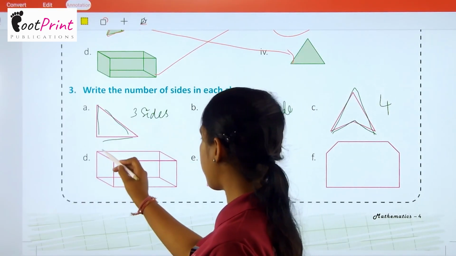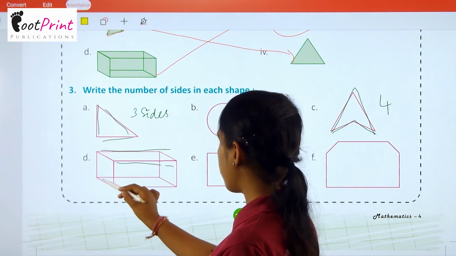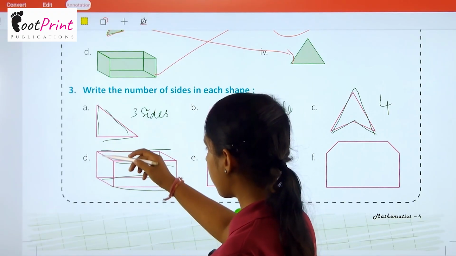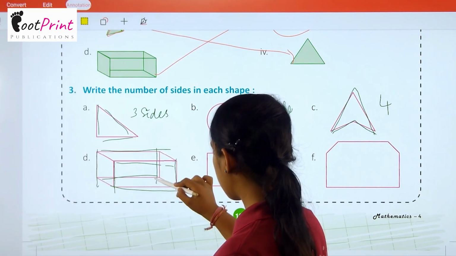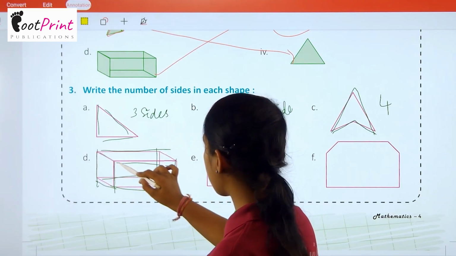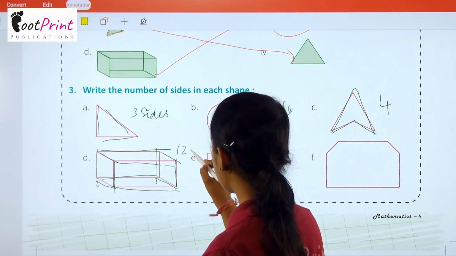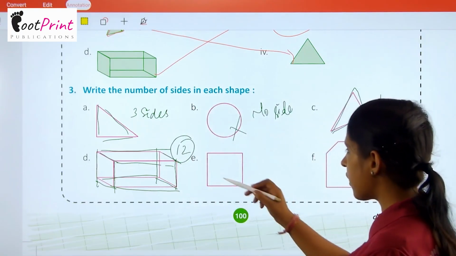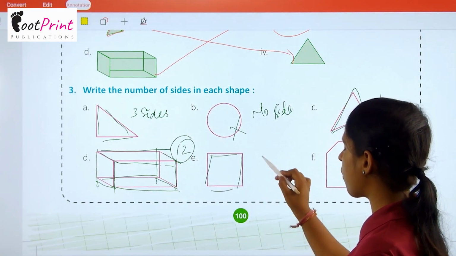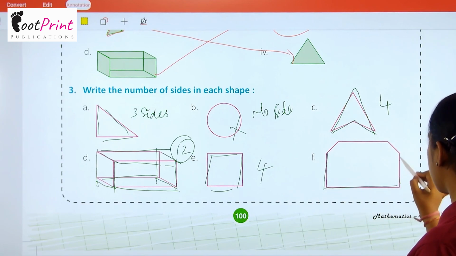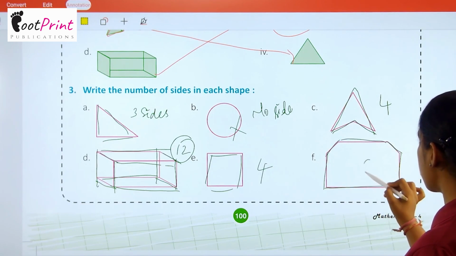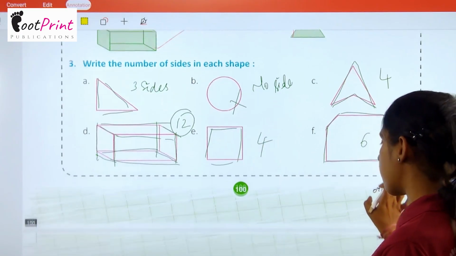In this 1, 2, 3, 4, 5, 6, 7, 8, 9, 10, 11 and 12, so here are 12 sides. In this 1, 2, 3, 4 sides are there. In this 1, 2, 3, 4, 5 and 6, so 6 sides are there in this figure.